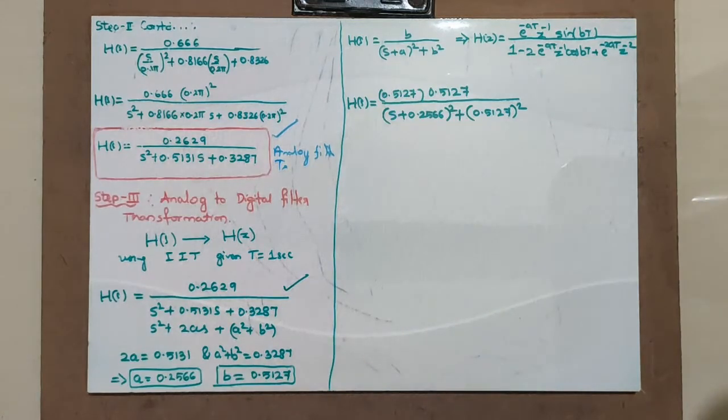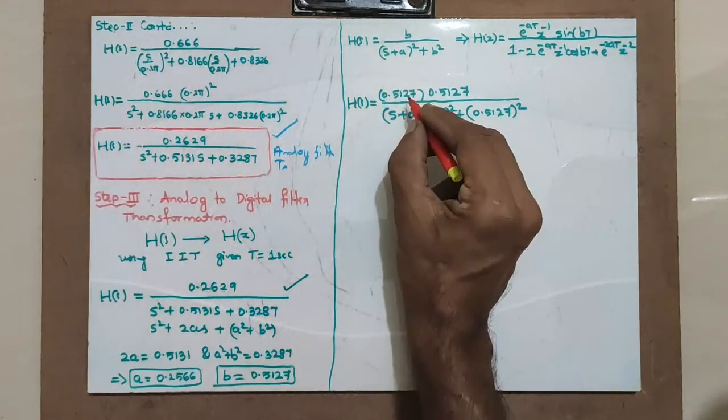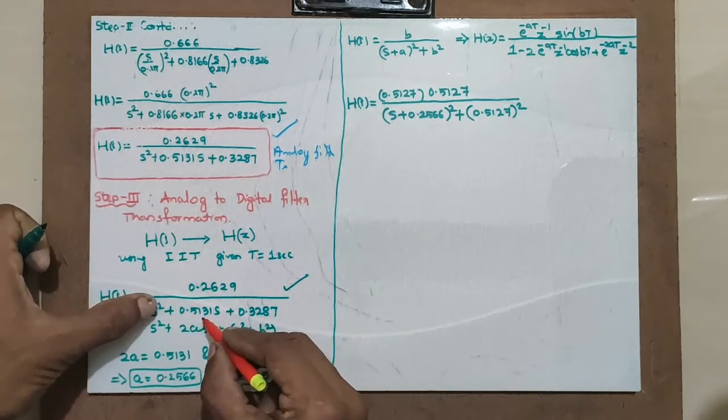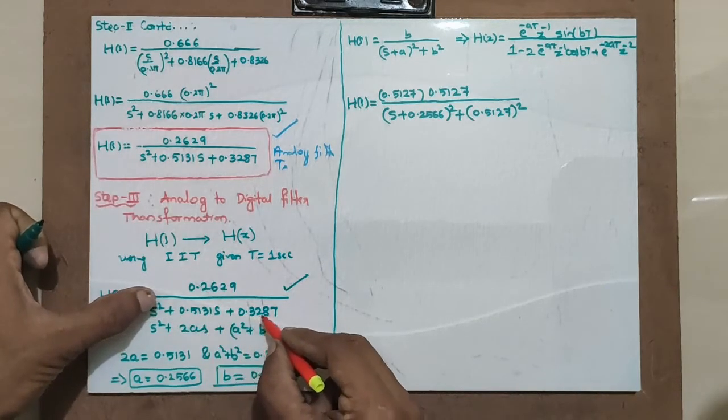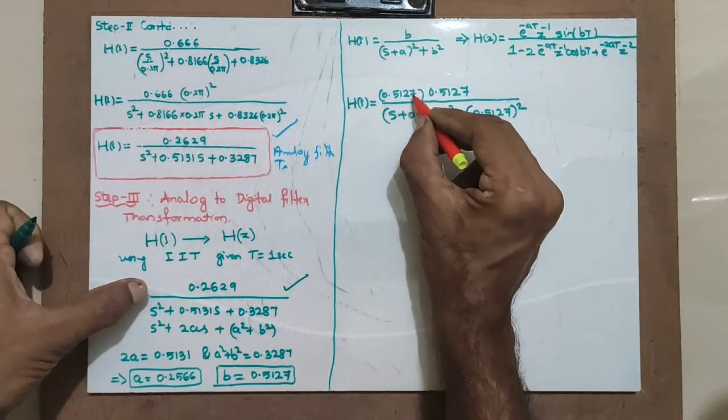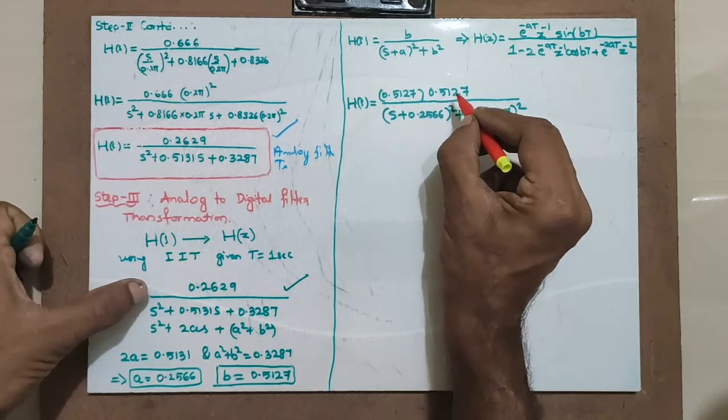Hence you can see that this equation, which originally was 0.2629 divided by s square plus 0.5131 s plus 0.3287, I have converted into 0.5127 multiplied by 0.5127 divided by (s plus a) whole square plus b square.